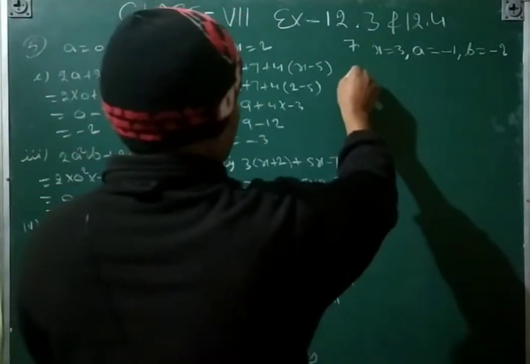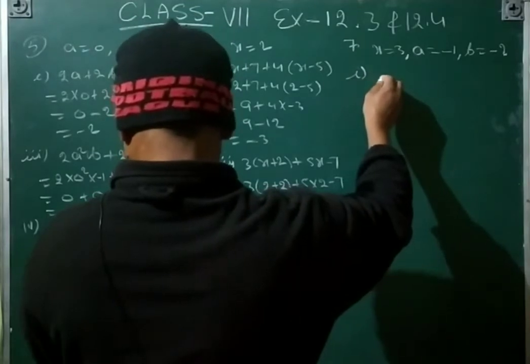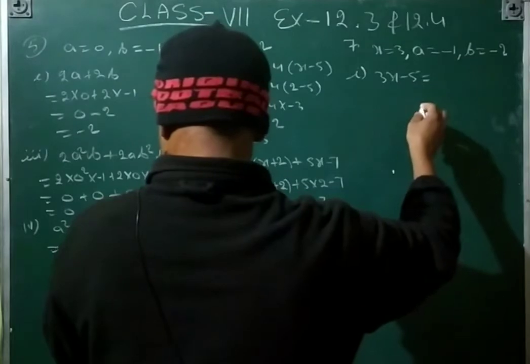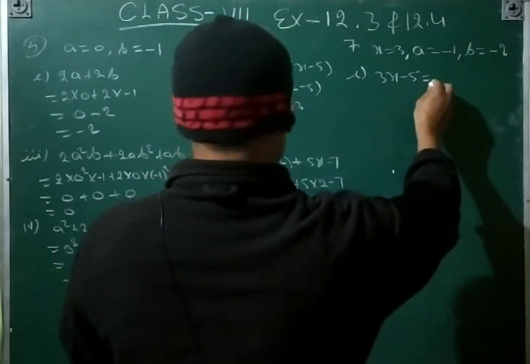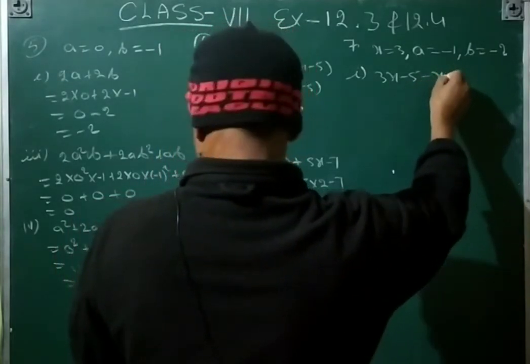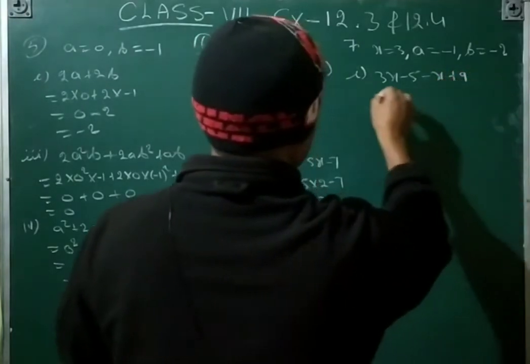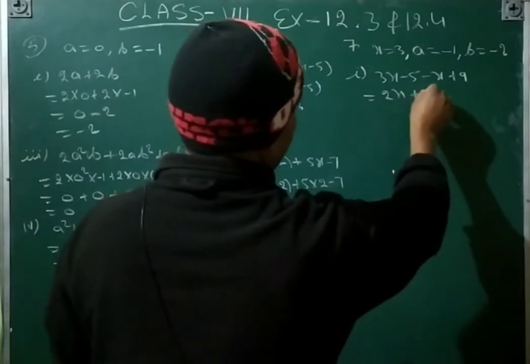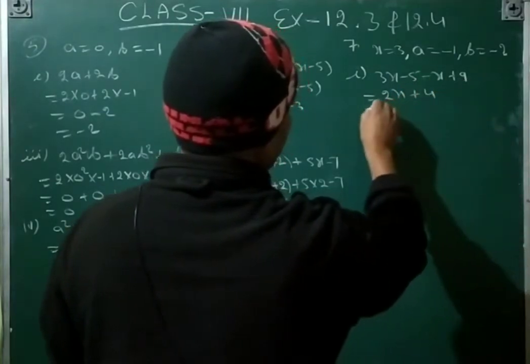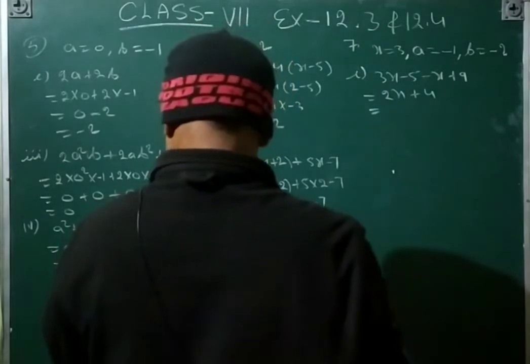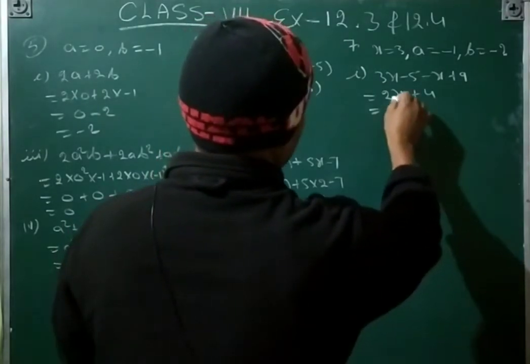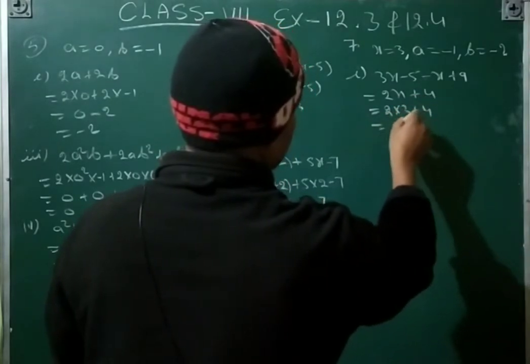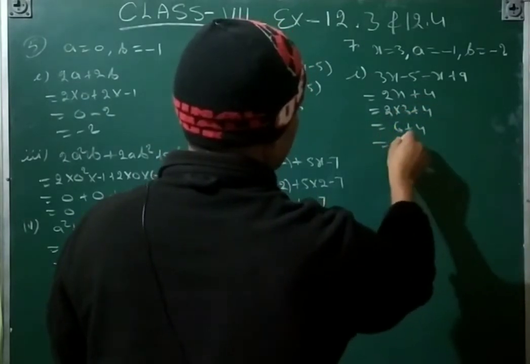The first one is 3x minus 5 is equal to minus x plus 9. So 3x less 1x is 2x, and then plus 4, 9 less 5 is 4, and then we will place the value. Only x is here, so 2 into 3 plus 4 is equal to 2 threes are 6 plus 4, is equal to 10.